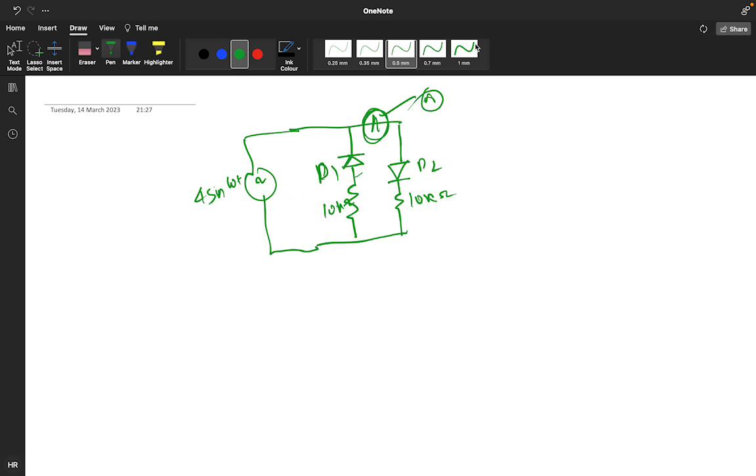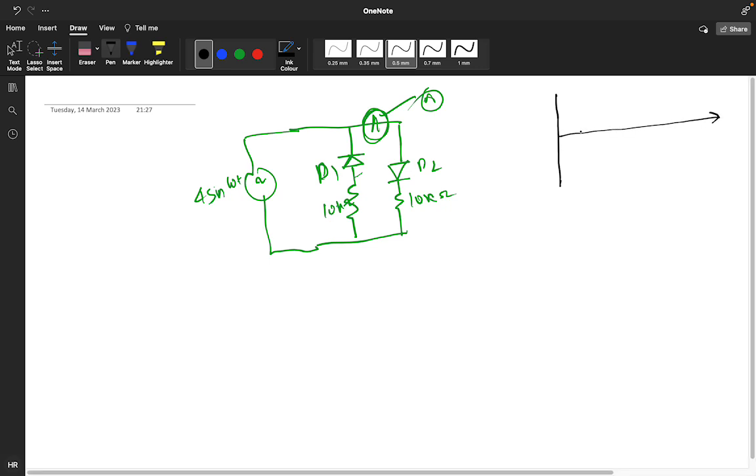Now guys, tell me one thing. When will your D1 conduct? You have a curve like that. Will D1 be in forward bias or reverse bias?